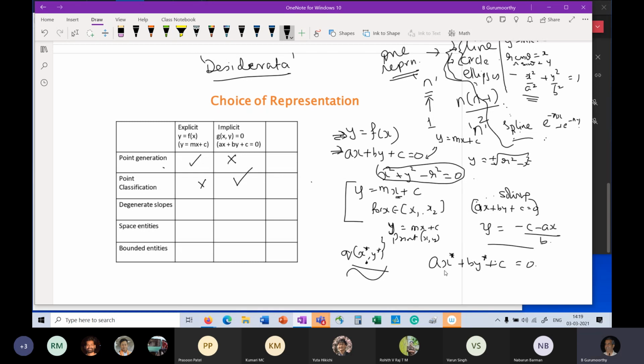And like I said, this is something computers are very good at. Plug a value in an expression and find the value of that expression. Whereas if you want to do it the other way around, in the explicit form, then you have to first calculate a y prime, and then check if y prime is equal to y star, and then conclude after that.